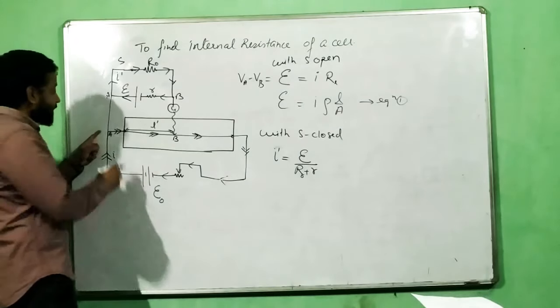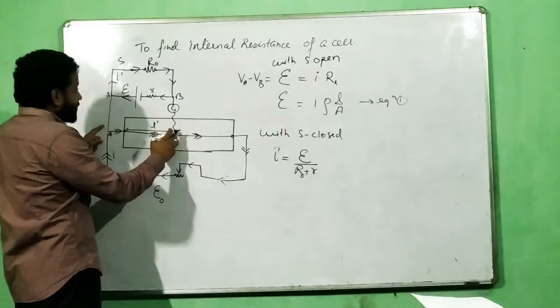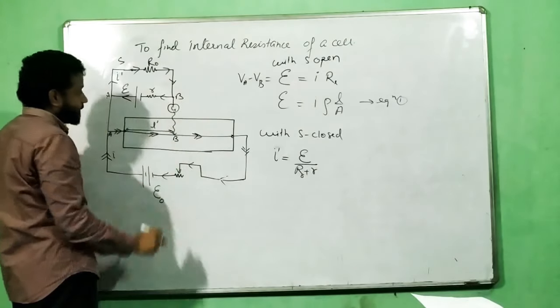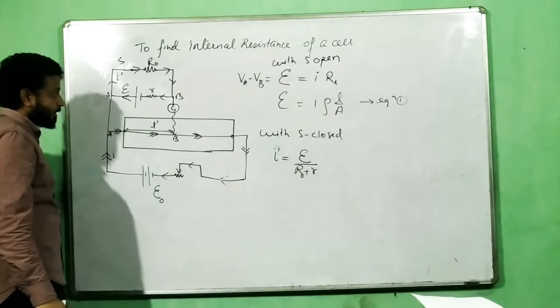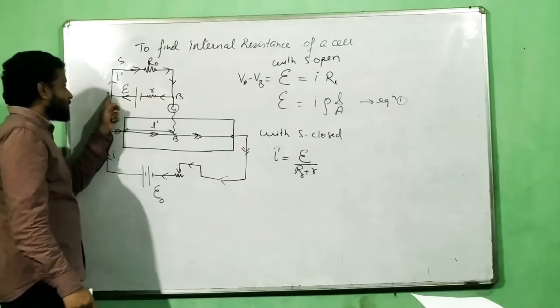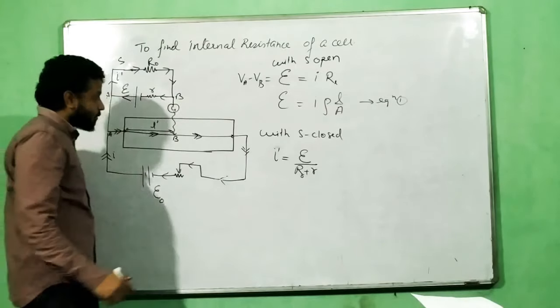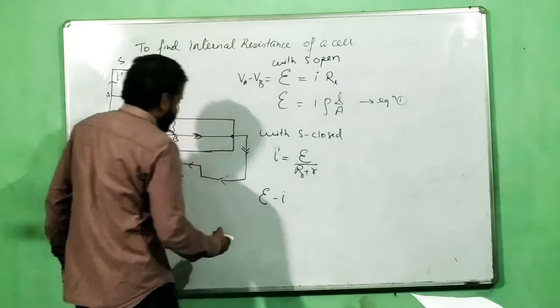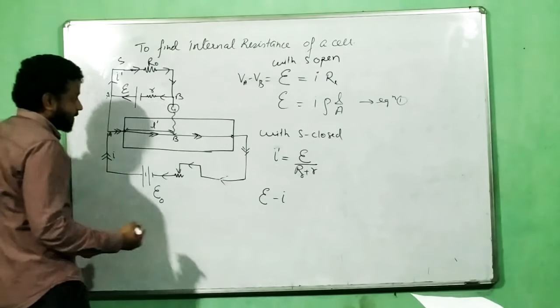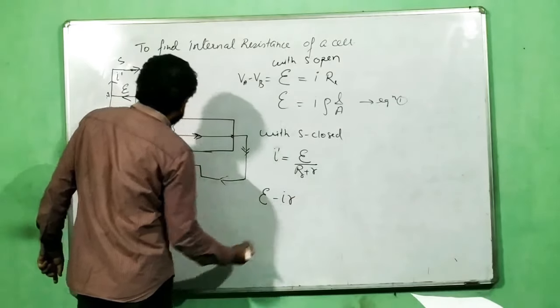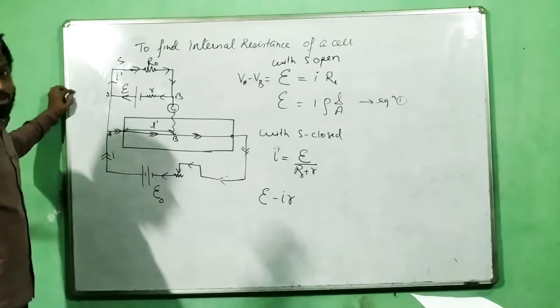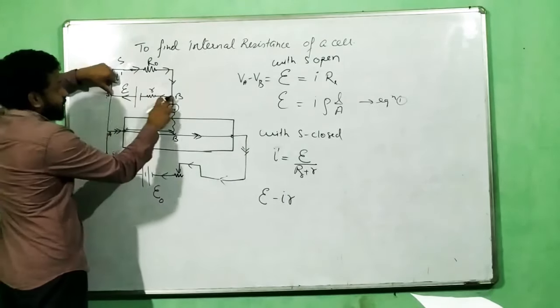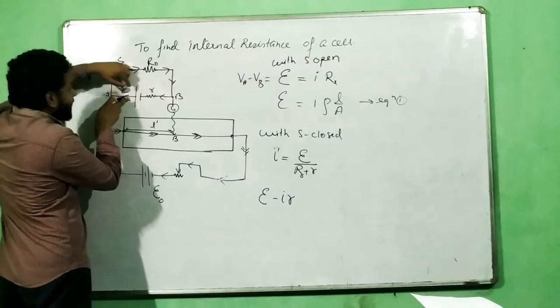Now in the balanced condition, the potential drop across this must be equal to the potential drop across this. The potential drop across this from A to B will be equal to EMF minus I times R. If I go with Kirchhoff's law rule, going from here to here, you will write this as negative, no?